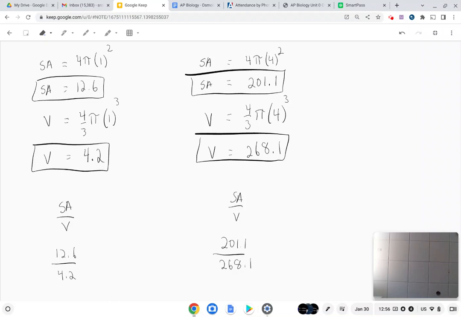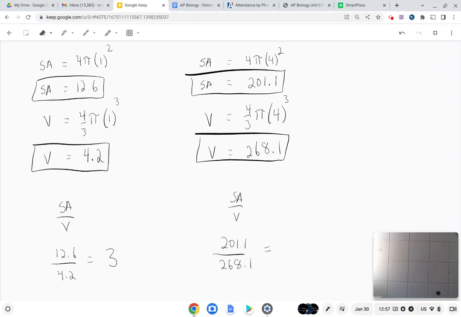All right, so if you want to follow along with me now, I am showing you how to calculate the ratio, because it's the ratio that counts, surface area to volume ratio. So you're going to put surface area on the numerator, volume on the denominator, and you're going to get a number. Notice that the number for the first cell is much larger than the number for the second cell.